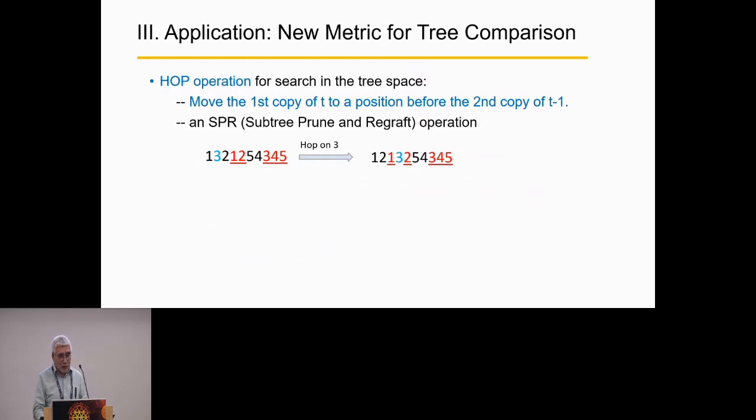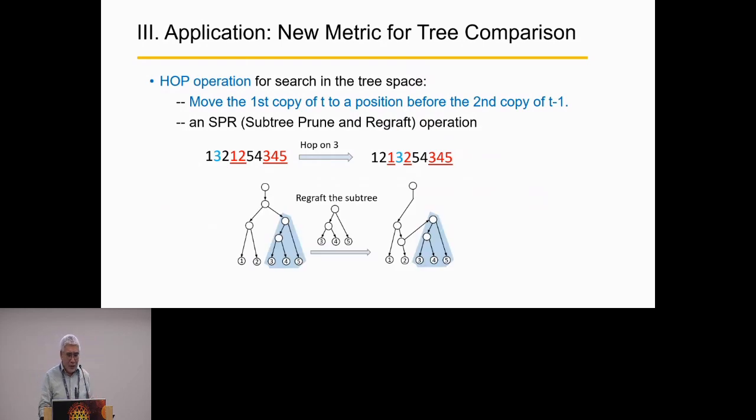See, for example, if we do the hop operation on the taxon 3, then we move the 3 from the second position to the fourth position, just before the second copy of 2. So actually, this is equivalent to this. We cut the middle tree and move it to another position.